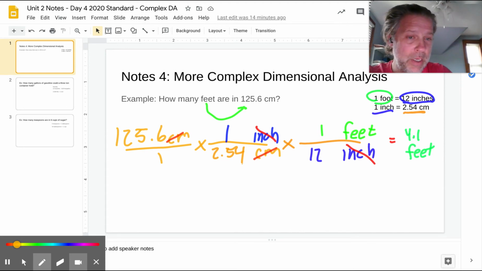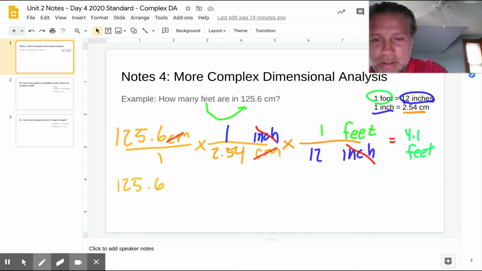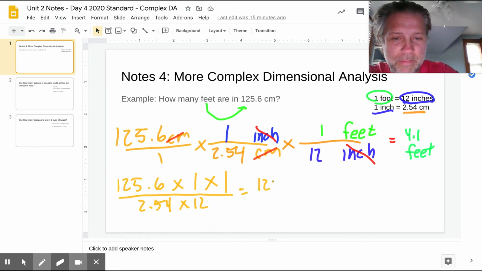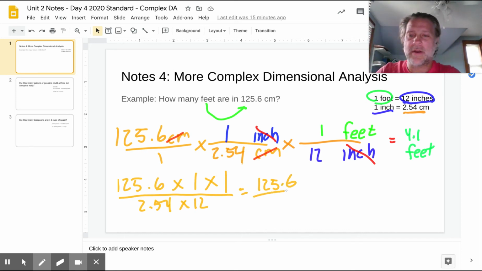If I was going to do it without any units, I would have 125.6 times 1 times 1, and then I would divide it by 2.54 times 12. I do not remember off the top of my head what 2.54 times 12 is. So 2.54 times 12 is roughly 30.48.